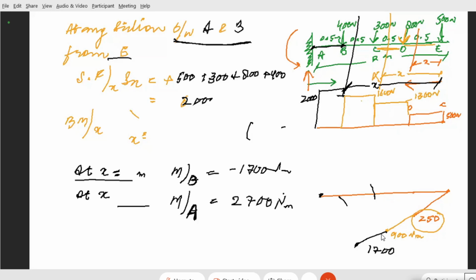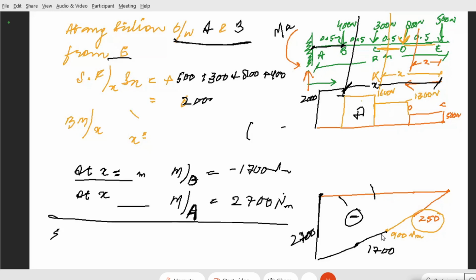This is how you actually draw the shear force and bending moment diagram. 2700 Newton meter. These are the negative values, these are all positive values. You could have easily checked what the moment at A would be, simply by taking the summation of moments at A and calculating the values.